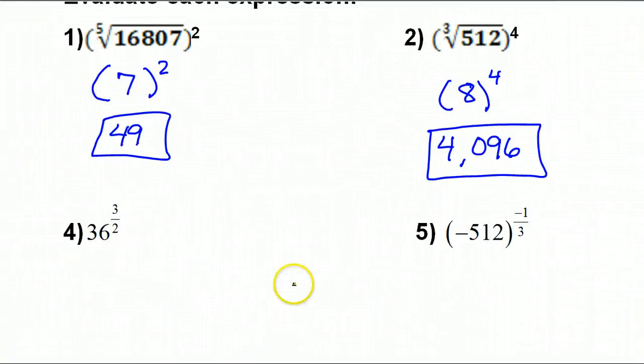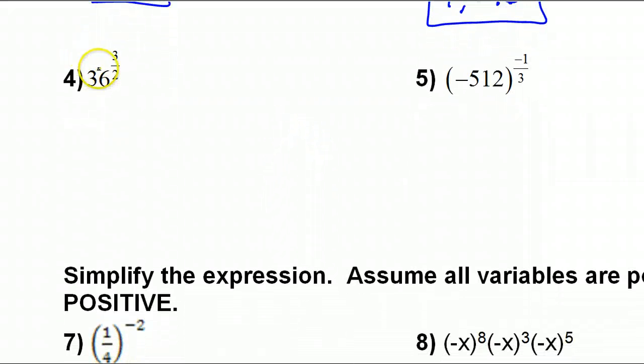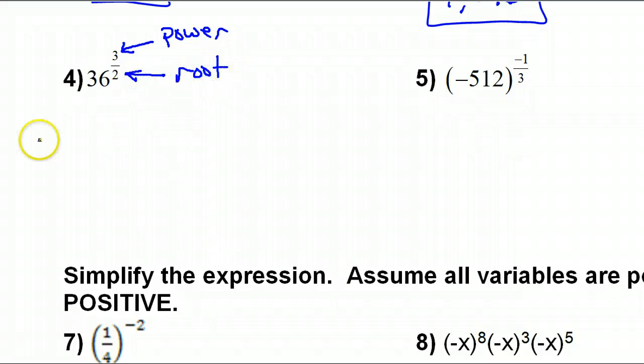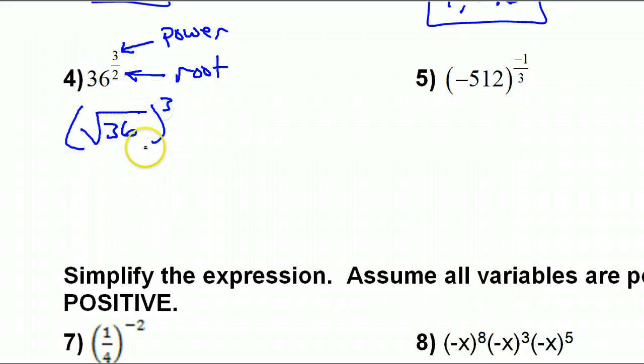Alright, how about number 4? Well, this one is written in exponent form, but we know that in exponent form the numerator is the power and the denominator is the root. So we could quickly rewrite this as the second root, or square root, of 36 to the third power.